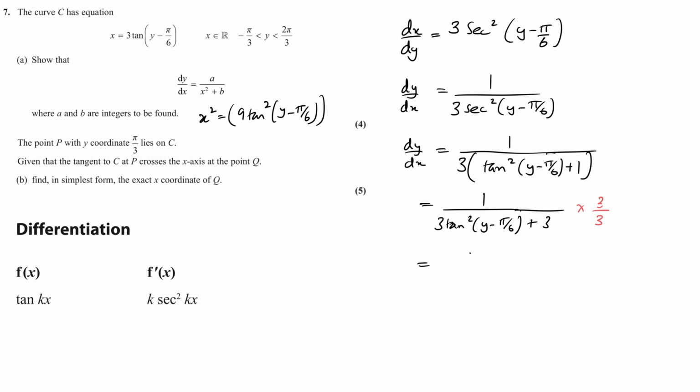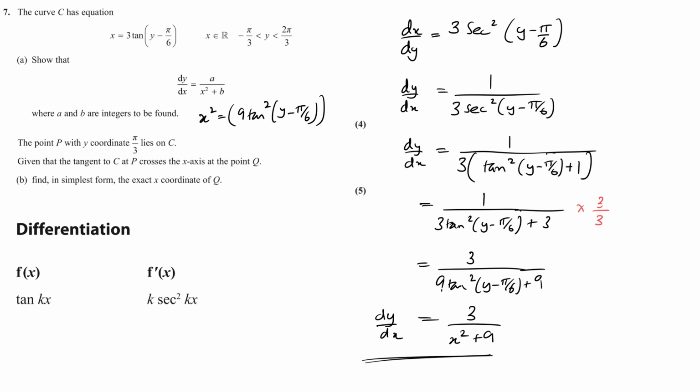So that would give me 3 over 9 tan squared my angle plus 9, which is 3 over x squared plus 9. And that is my dy by dx. So you've got your a is 3 and your b is 9.